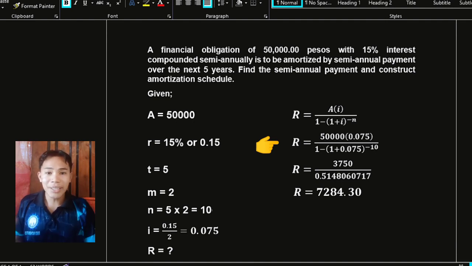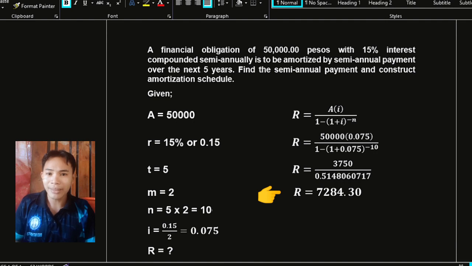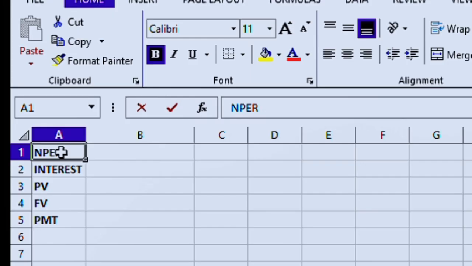Our i is 0.075 over 1, copy the negative sign, open parenthesis 1 plus i, which is 0.075. Then, let's solve using the scientific calculator. And that's all. Our regular payment is 7,284.30.